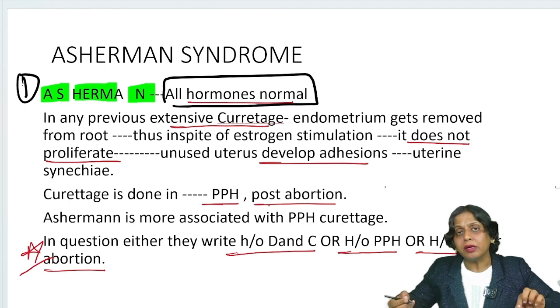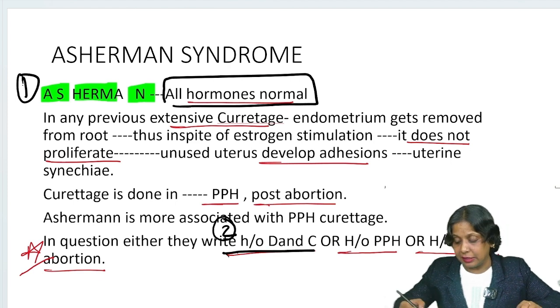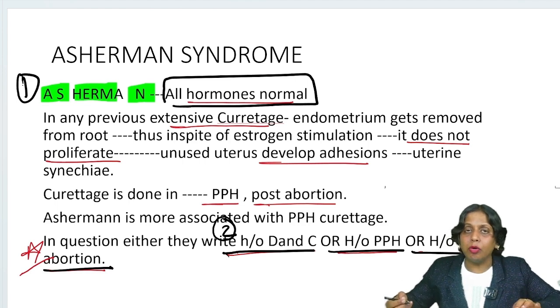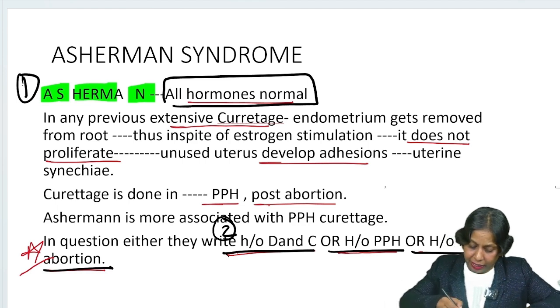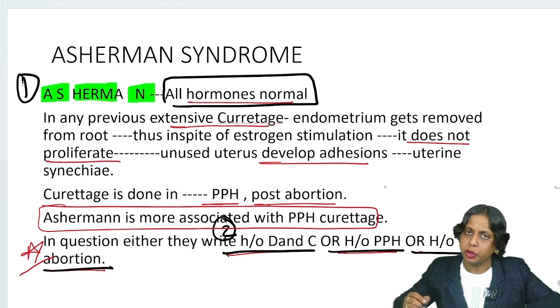Since Asherman etiology is extensive curettage, they will give you the second hint as history of DNC, history of PPH, RPL or abortion. Now Asherman is more associated with the PPH curettage, since when PPH happens, we quite often do an extensive curettage.